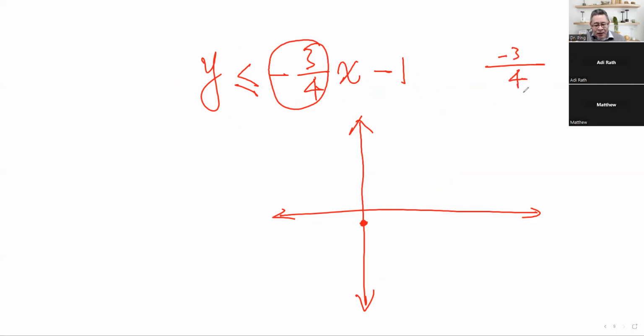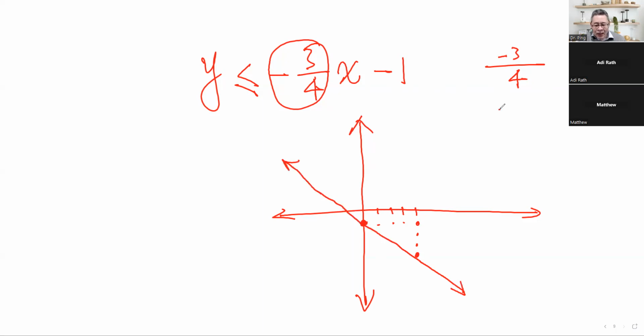Our run is 4, but our rise is -3, which means go down by 3. So we go 1, 2, 3, 4, then go down by 3, 1, 2, 3. So we draw the line like here. That's one way of looking at it.